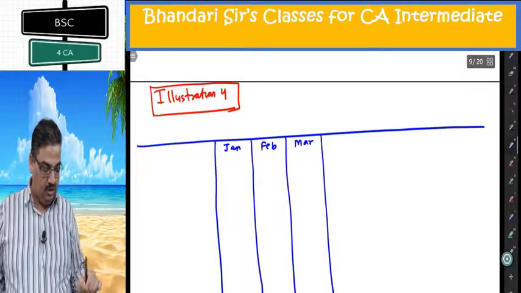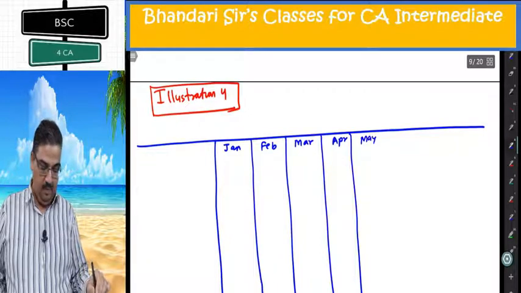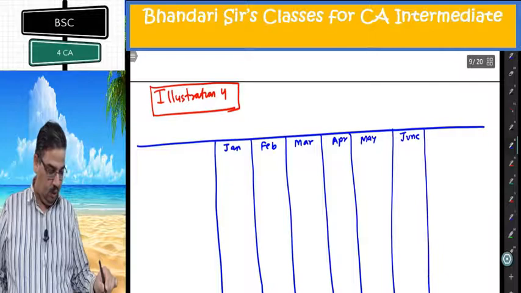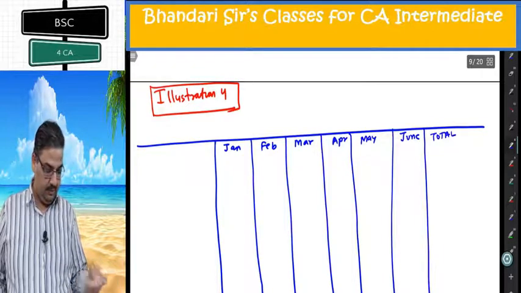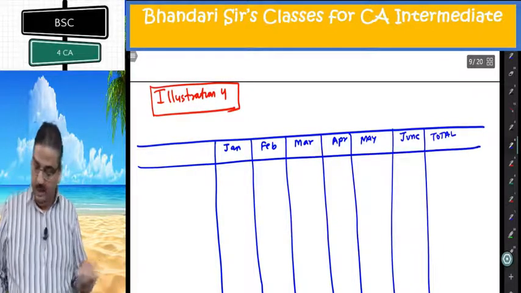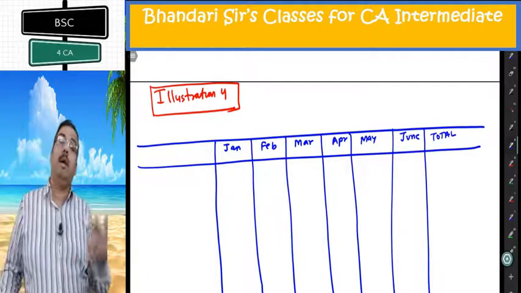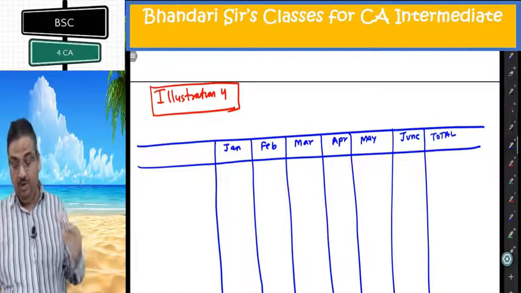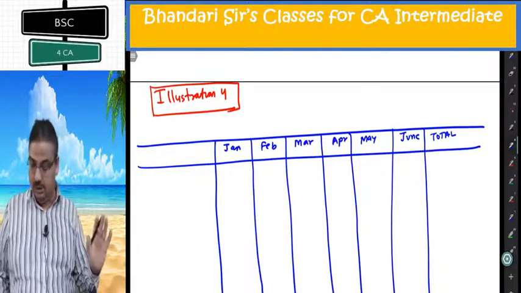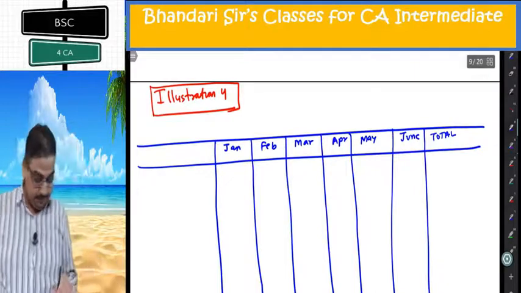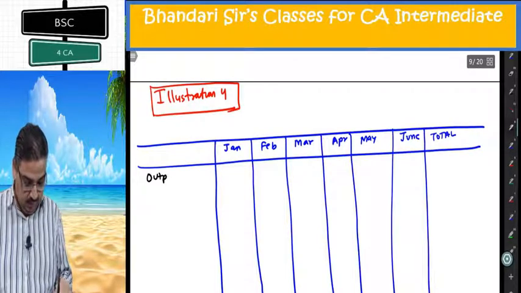January, February, March, April, May, June, and total for 6 months. I need to create a chart like this. You are given output month by month differently. The aggregate of output is around 1200 units, more than 1200 units. So I want to get that detail here. Output in units.